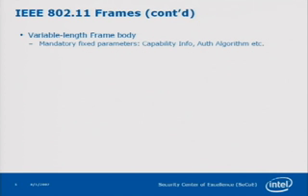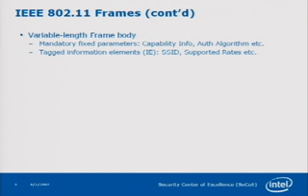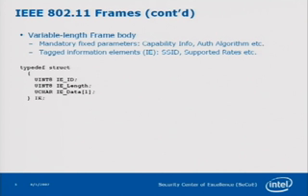This is the more interesting part of the frame for attackers. It contains some mandatory fixed parameters like capability info, authentication algorithm ID, etc. But it also contains a number of tagged information elements, such as SSID or supported rates. A tagged information element can be described by the following structure.